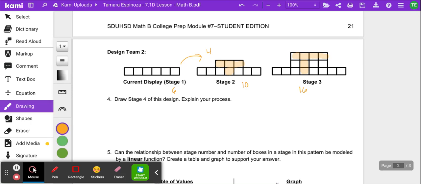Start my drawing. I have to draw small to fit this one in. Nine across the bottom. 1, 2, 3, 4, 5, 6, 7, 8, 9. Okay. And then they're going to have still 2 on each side, but they're going to have a stack of 3 up.